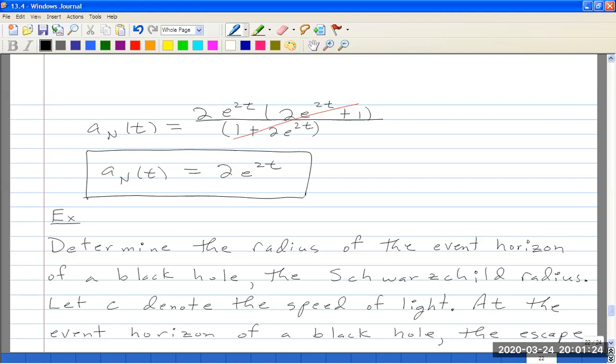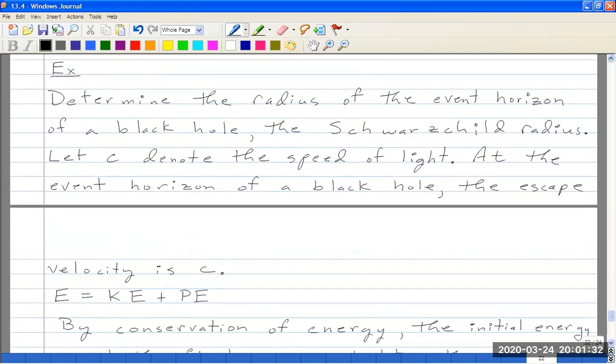Okay, so let's do, as a last example, determine the radius of the event horizon of a black hole. This is what's called the Schwarzschild radius. Let c denote the speed of light. At the event horizon of a black hole, the escape velocity is c, the speed of light. So we're going to be doing this using Newtonian mechanics.